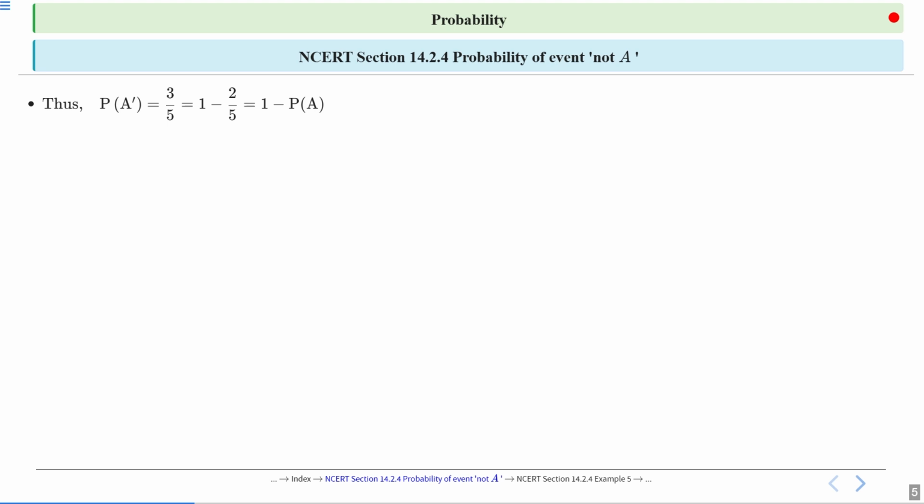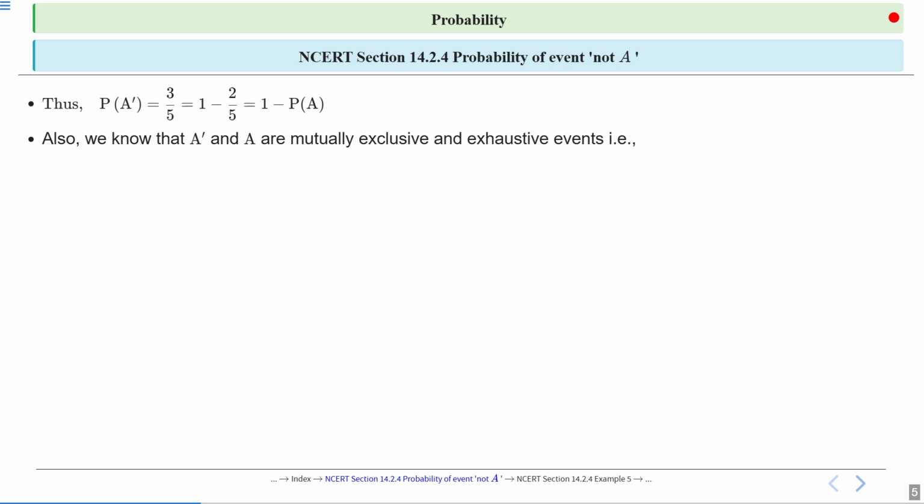So by this example we obtain an important formula. By using this formula we can find probability of event not A. Clear, students? And also we know that A complement and A are mutually exclusive.